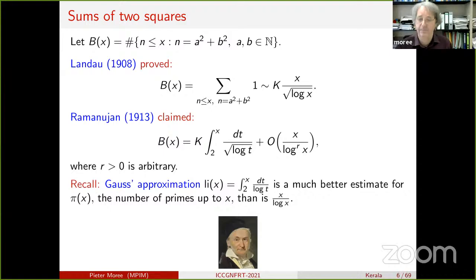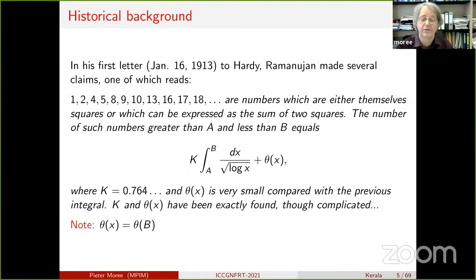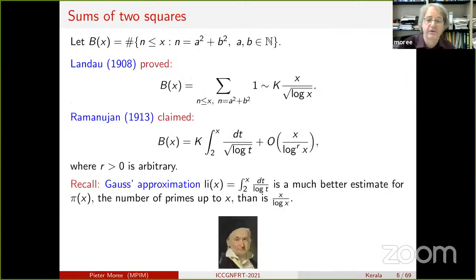If we go back to the claim of Ramanujan, it's the same constant. If you look at this by partial integration, the main term is just K times x over the square root of log x. So in that sense, the result of Ramanujan, if true, would imply the result of Landau.